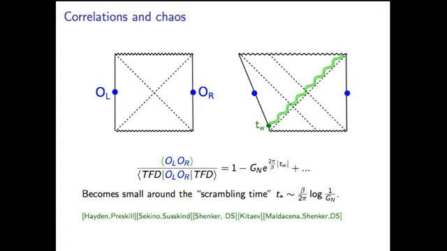But it's also proportional to this growing exponential of the time difference between the place where you insert this operator and t equals 0. So this can have a large influence if the time becomes of order the scrambling time, which is logarithmic in 1 over G Newton. This has been recognized as a symptom of chaos in the boundary theory.